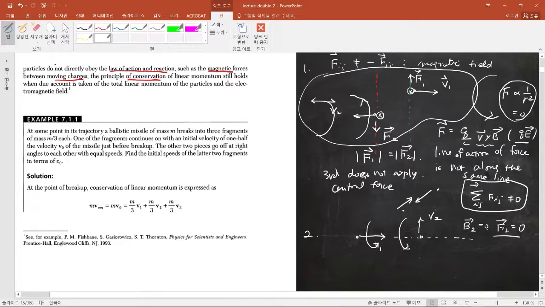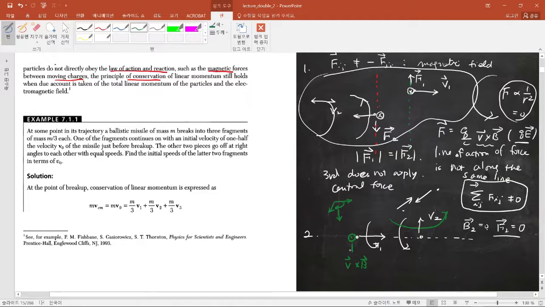Whereas for V2, it creates a magnetic field along this direction. So here it is coming out, the magnetic field created by this one. And therefore V cross B for this particle is coming out, and by the right hand rule, V cross B is in this direction.